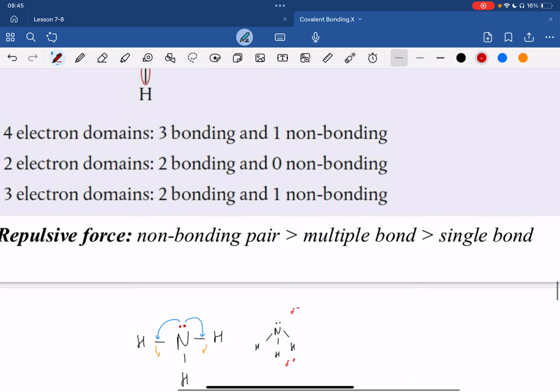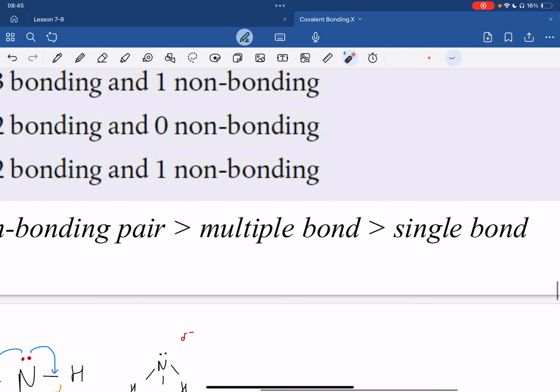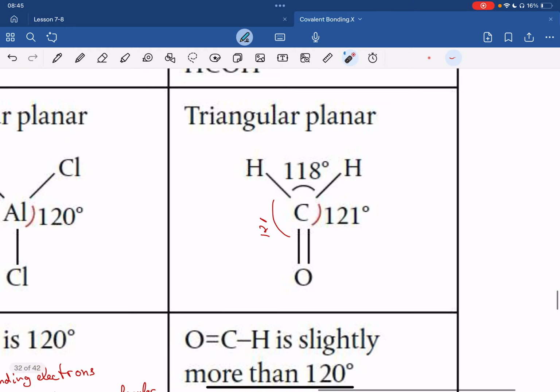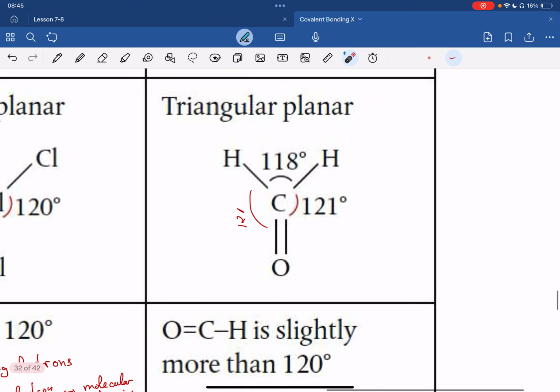Remember, in the few slides ago, we have learned that multiple bonds they are more repulsive than single bonds. So let's check this case. As we can see, it should be 120 because we have three electron locations. It's trigonal, but because this double bond is stronger than the single bonds, they will repel these hydrogens.